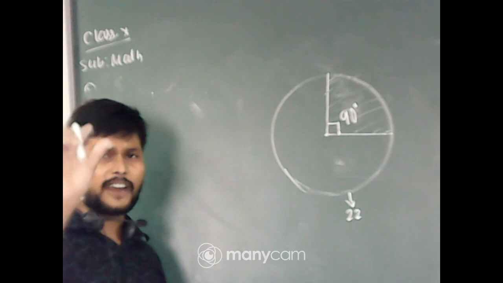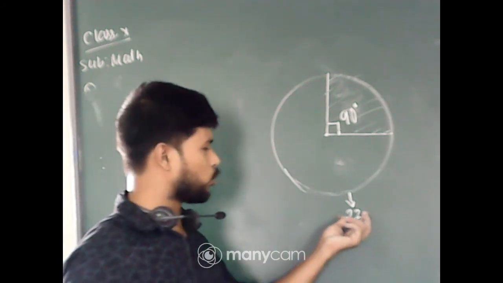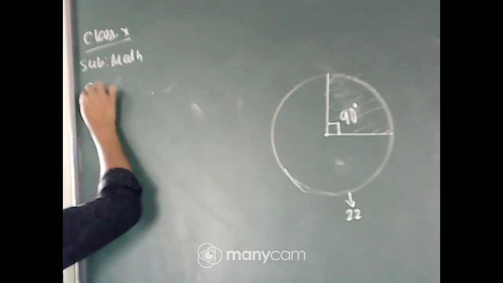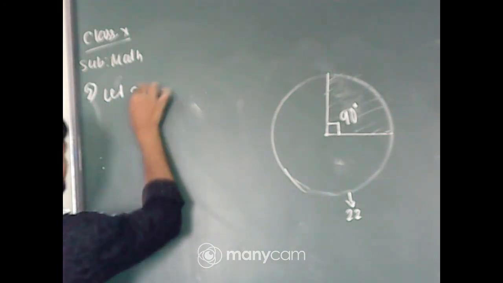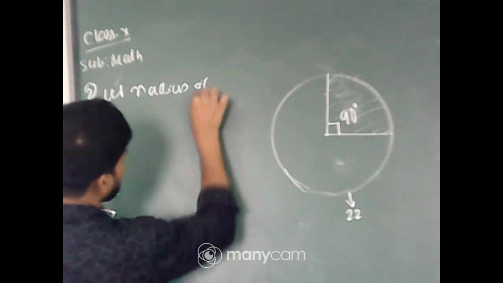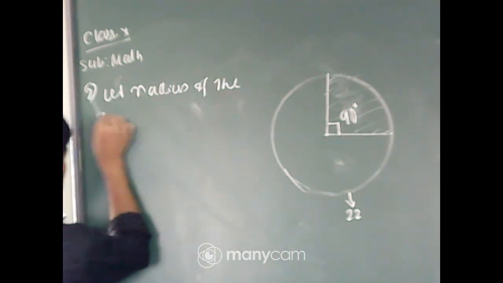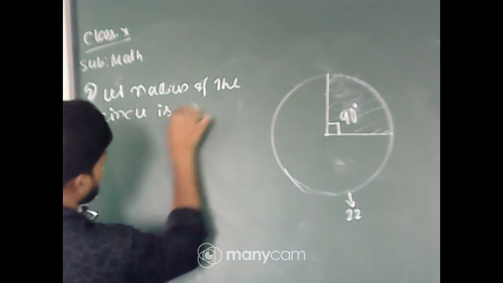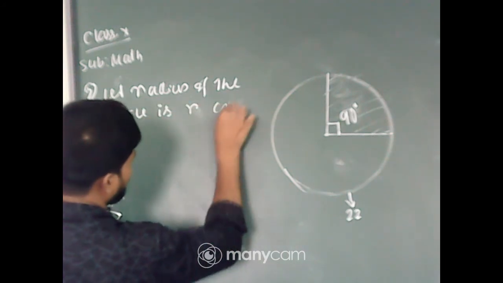To find the radius of the circle, the total circumference is given. So let the radius of the circle be small r centimeter.